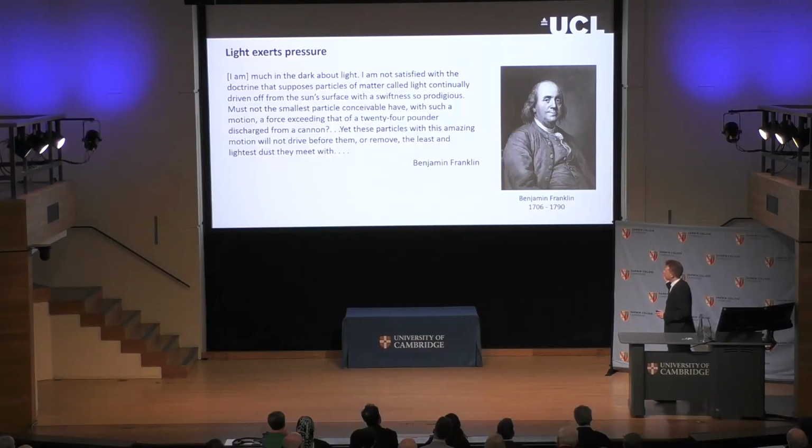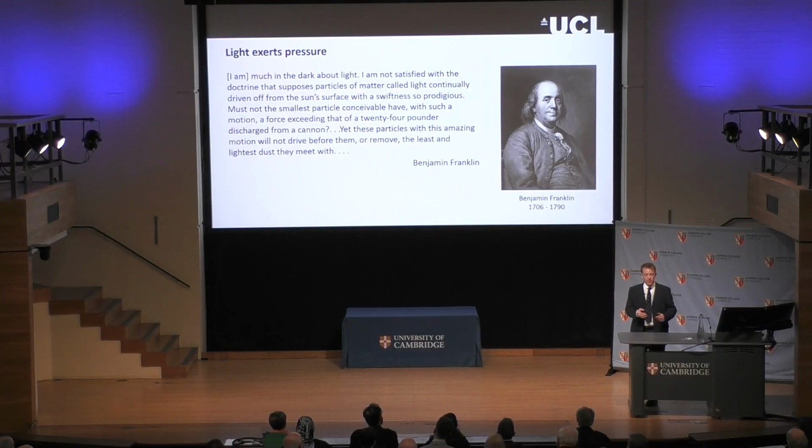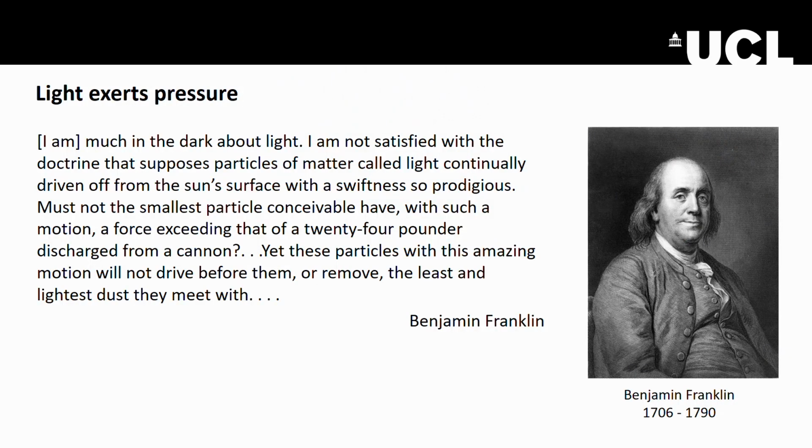This is Benjamin Franklin, who professed himself pretty much in the dark about light. And his criticism of the corpuscular theory, as proposed by Huygens, was that these small particles that are being emitted from the sun must have some effect on dust and other small particles on Earth. And this was not observed.